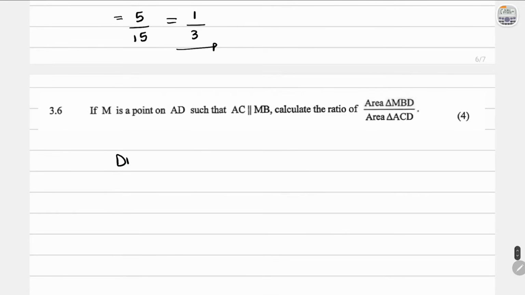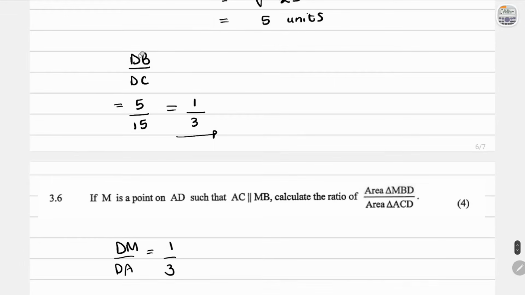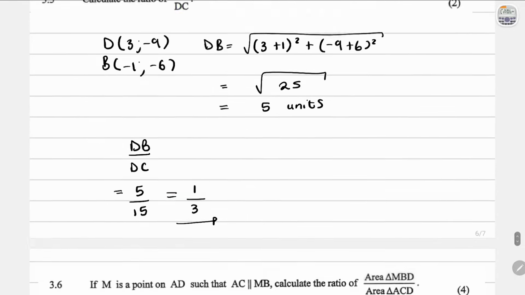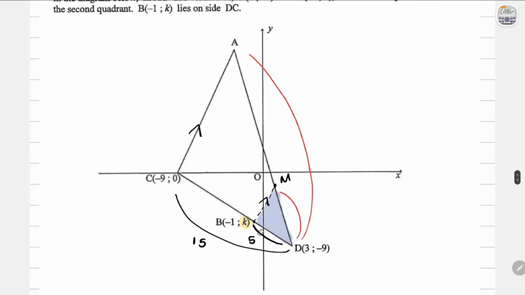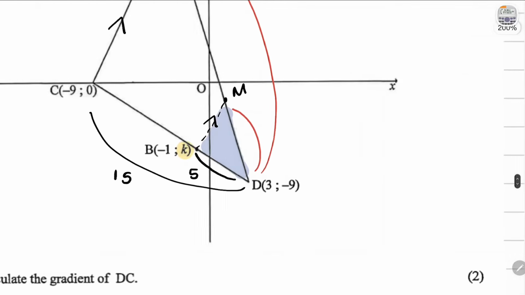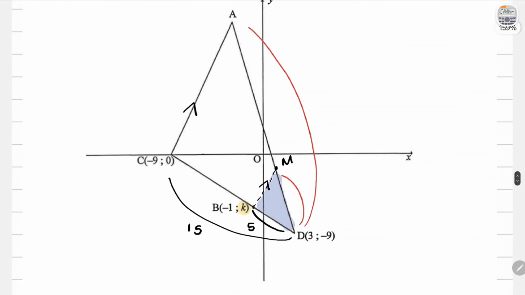Okay, so DM over DA is equal to 1 over 3. And the reason why is because you can see that BD over DC is equal to 1 over 3. And so that's really the proportionality theorem, because we have a line drawn parallel to one side of the triangle. So it makes those two sides to be in proportion.